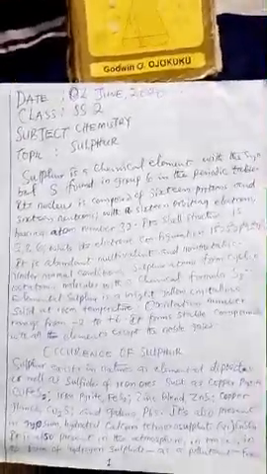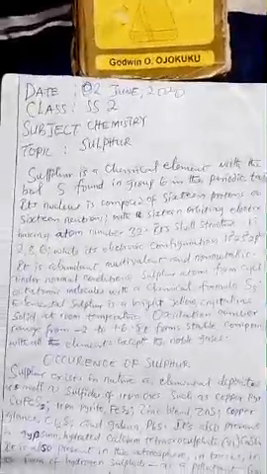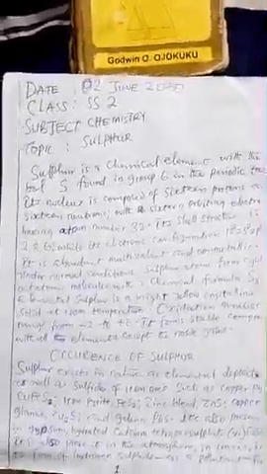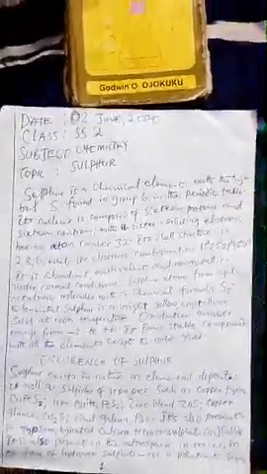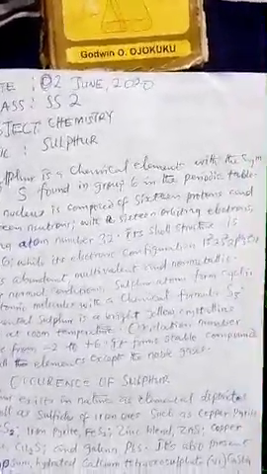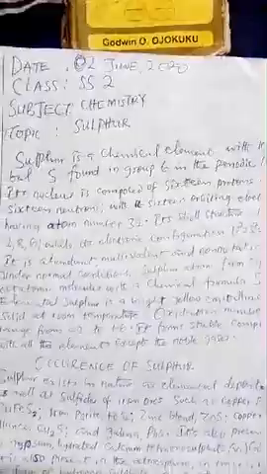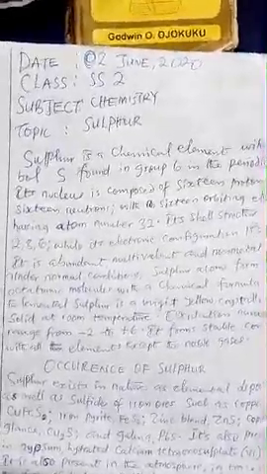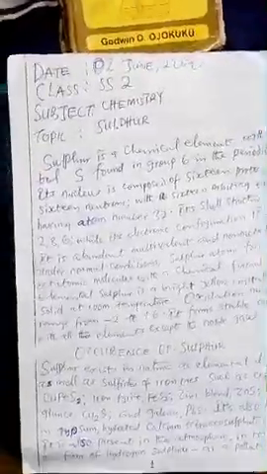Sulfur is a chemical element with the symbol S, found in group 6 of the periodic table. Its nucleus is composed of 16 protons, 16 neutrons, and 16 orbiting electrons. Having atomic number 16, its shell structure is 2, 8, 6. The first shell takes 2, then 8, and the last shell takes 6 electrons.